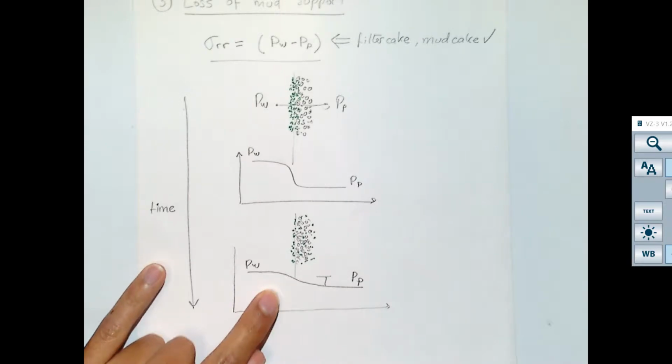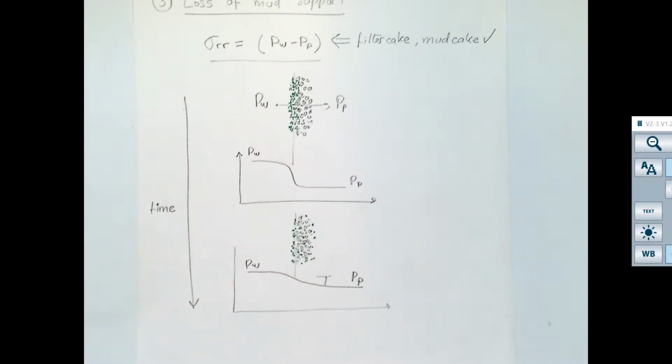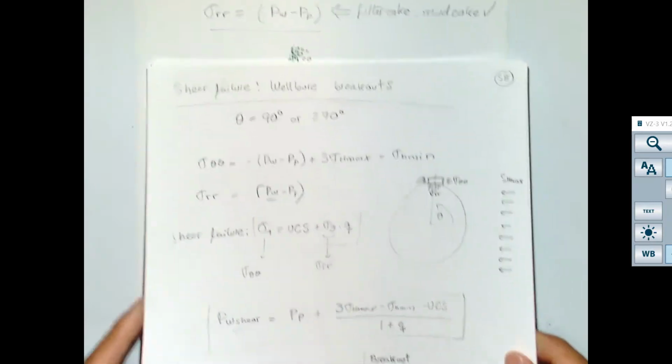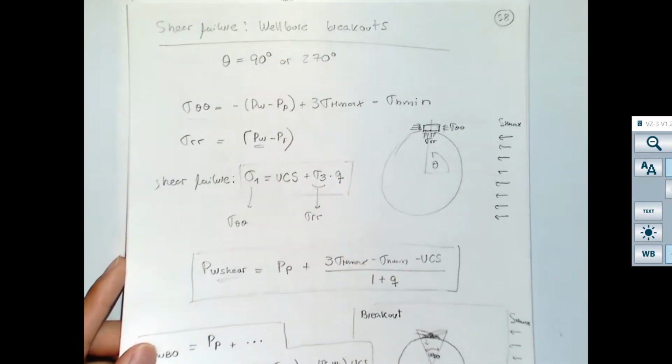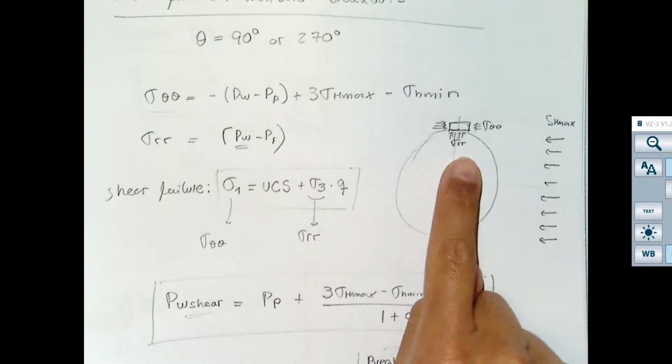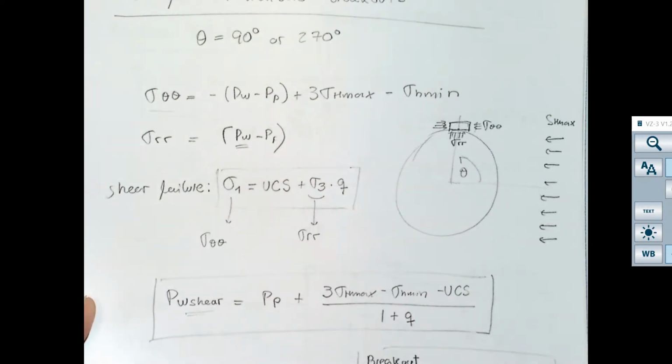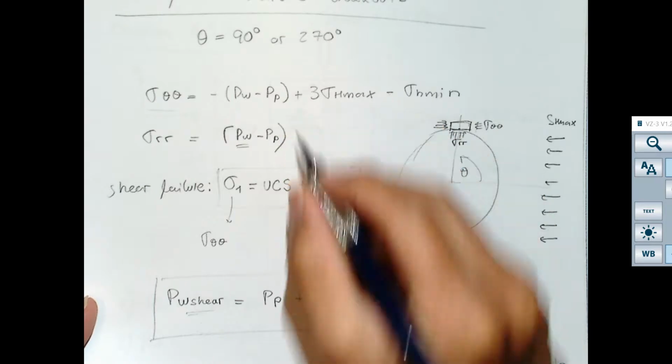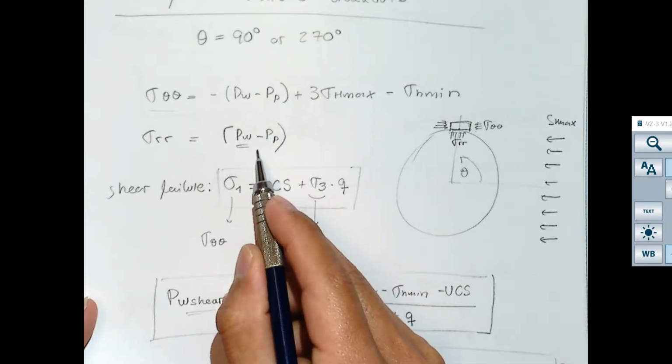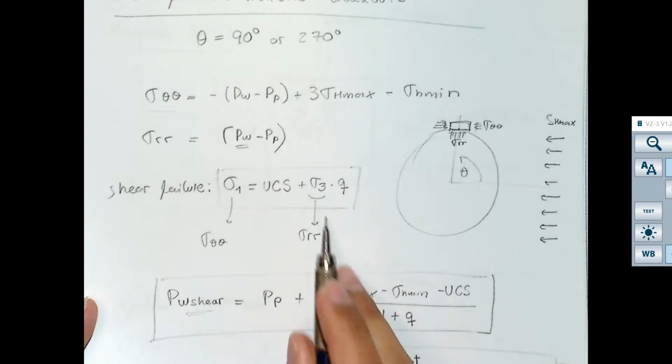Notice that in your equations, especially on PW shear, that's going to be very important, because in the equation of PW shear, your radial support is PW minus PP. If this quantity is smaller, that means that your sigma 3 is going to be smaller.